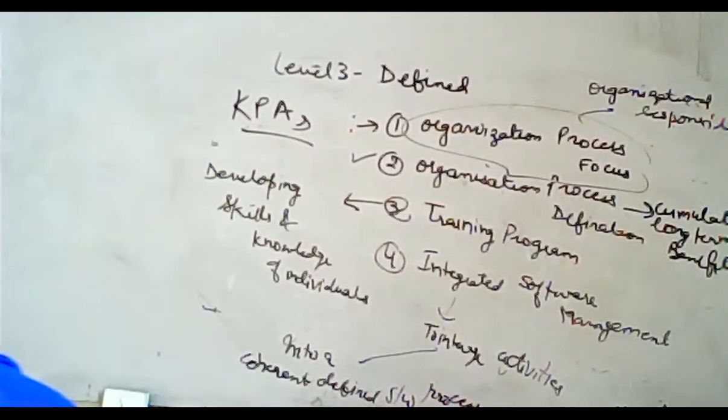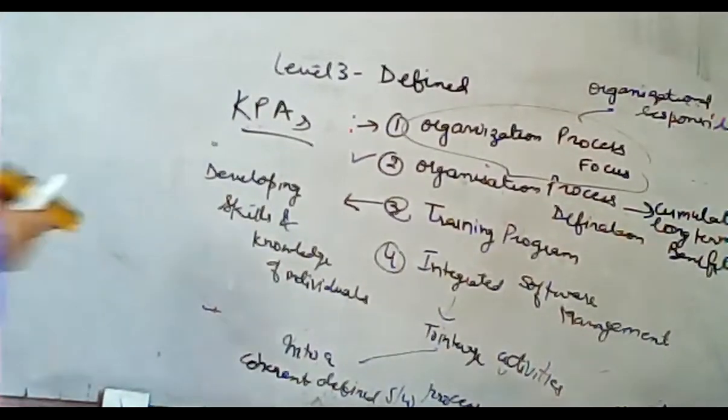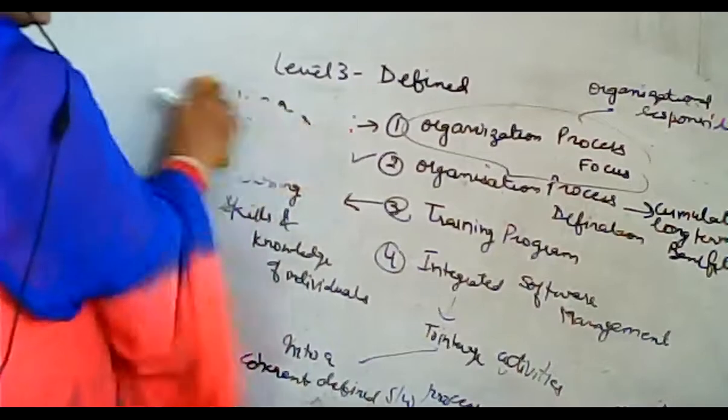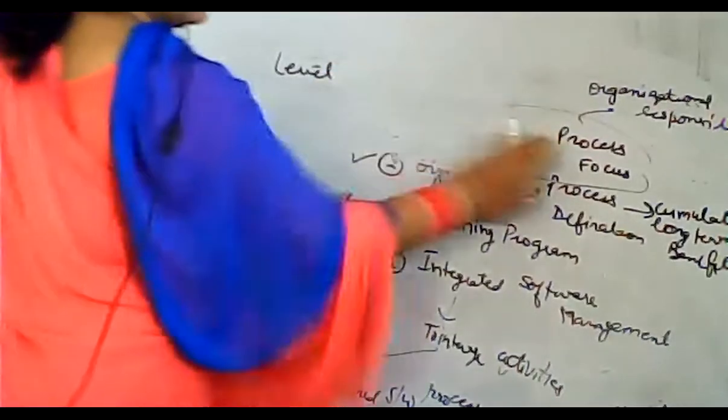So moving further, next are the key process areas at level 4. At level 4, which level is that?